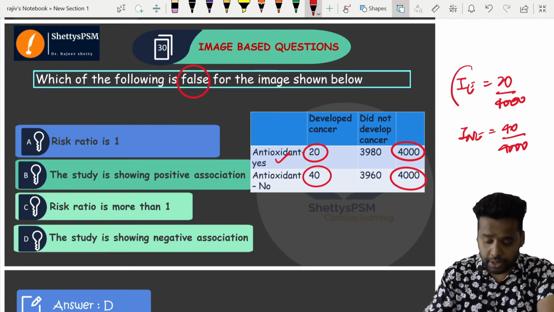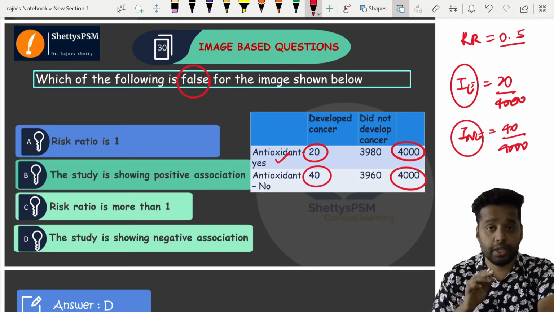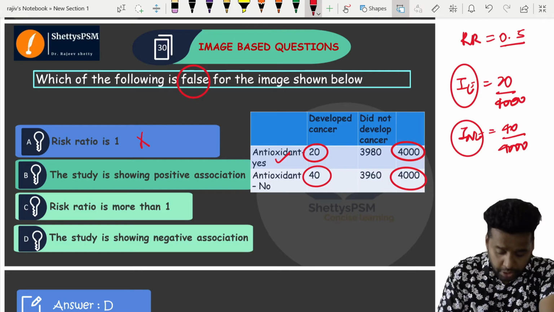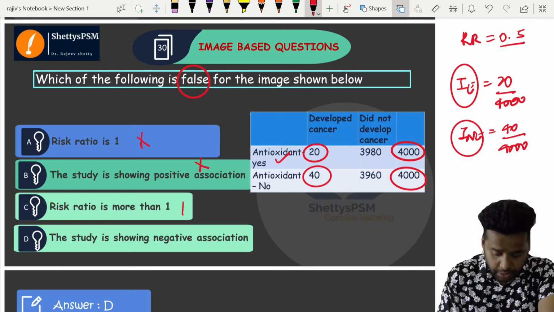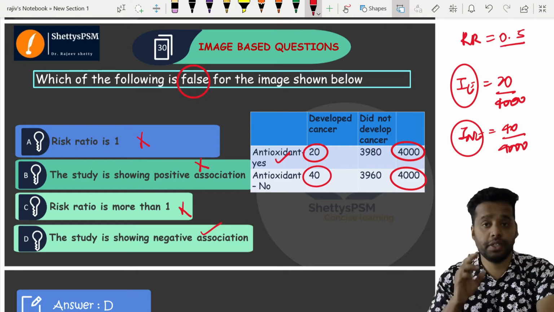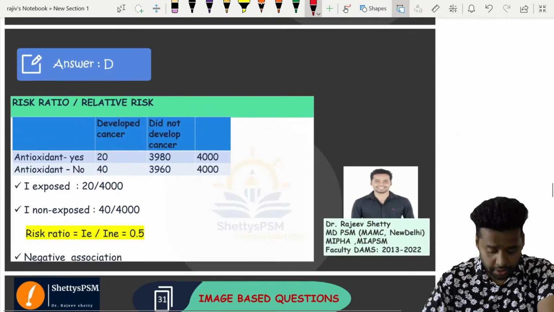So when you take the ratio, it is half. Risk ratio is 0.5, less than 1. It is a protective factor. Risk ratio is 1? No. Positive association? No. More than 1? No. It is less than 1, and negative association means protective factor.